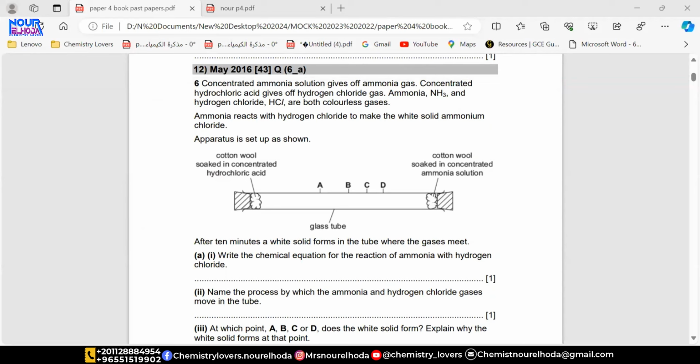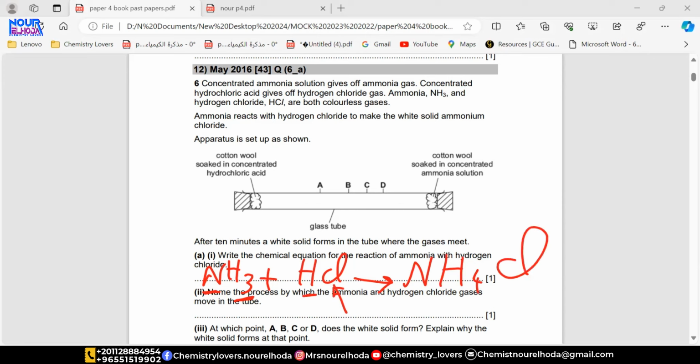I'm going to put ammonia, plus I'm going to put with it HCl. Nitrogen, how many do I have? Only one, so N. How many hydrogens? Here 3, here 1, so I have 4 hydrogens. And then I have only 1 Cl. So NH4Cl. Is it clear?